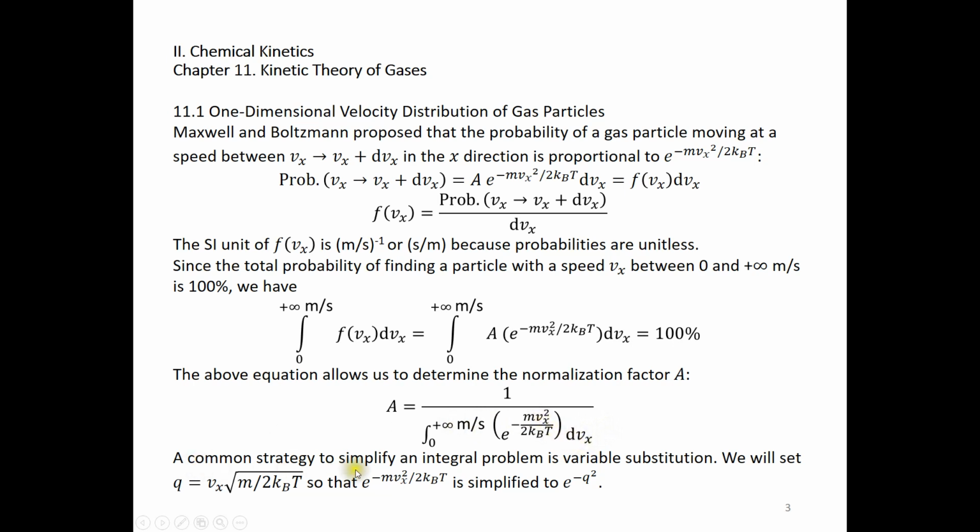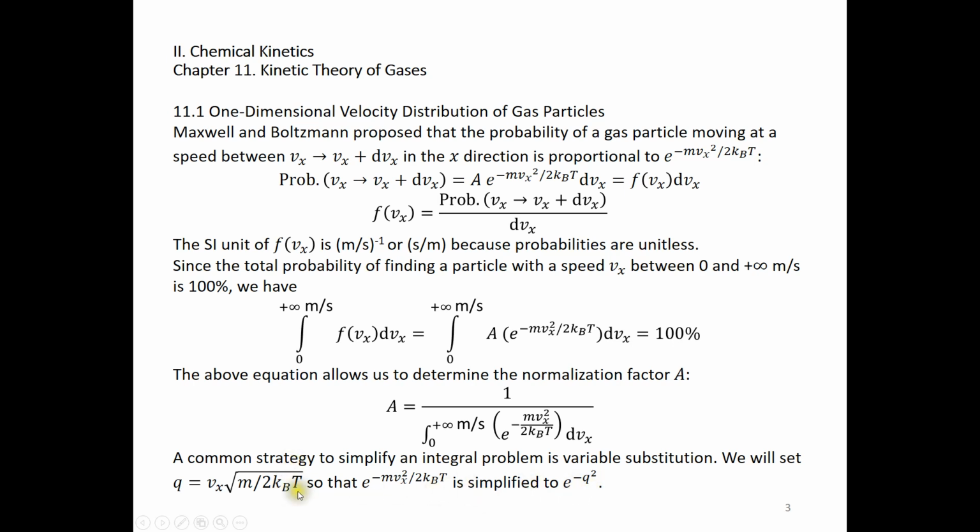A common strategy of simplifying an integral is via variable substitution. If we set q as Vx times the square root of m over 2kBT, we can simplify this Gaussian function of Vx to a much simpler Gaussian function, e to the power of negative q squared.